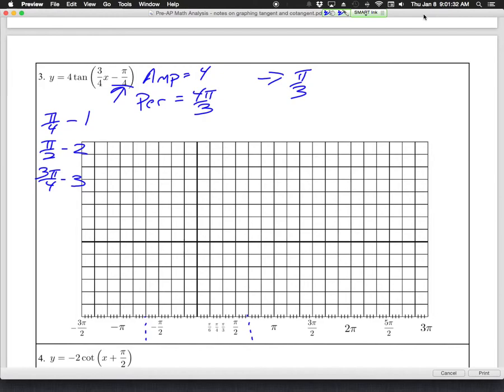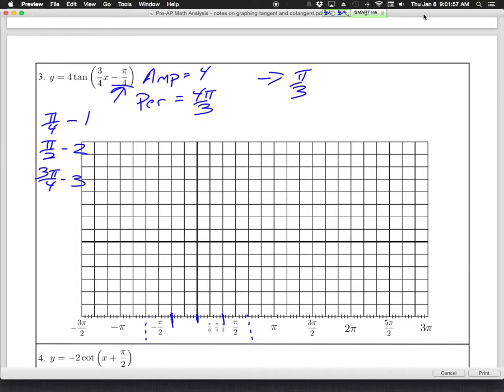Now, Bobby asked, how come we didn't break up the bottom like we did with the other 4? If you're not doing a shift, you really don't need to break it up. But if you're doing a shift, you want to break the bottom up just like we did with sine and cosine. So I need to go halfway, and I need to go halfway, because now I have to move my asymptotes, whatever my shift is.